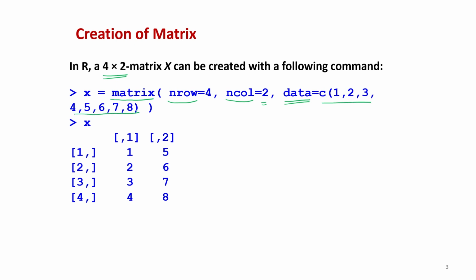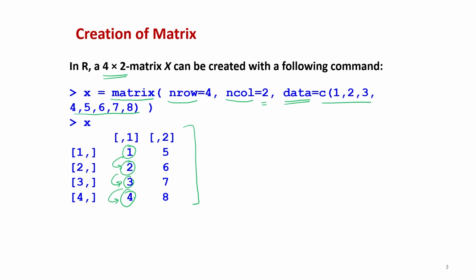The outcome of this matrix is stored in X, which comes out like this. If you see what is happening, the data is entered like this: 1, then in the second row 2, then in the third row 3, then in the fourth row 4.